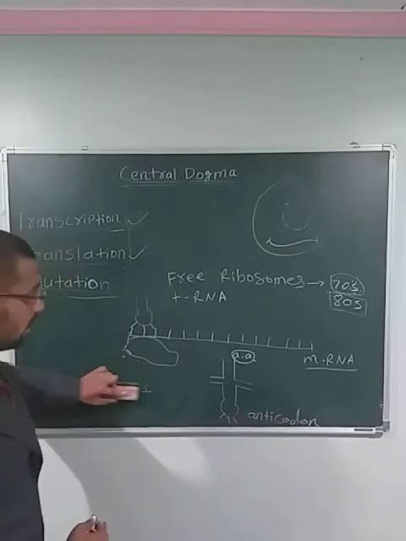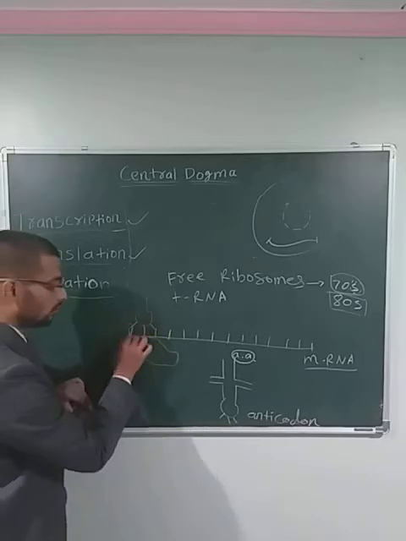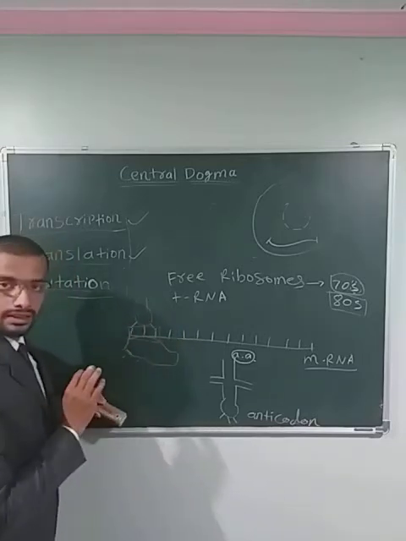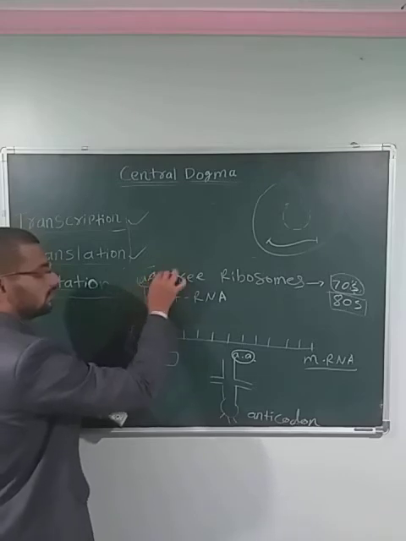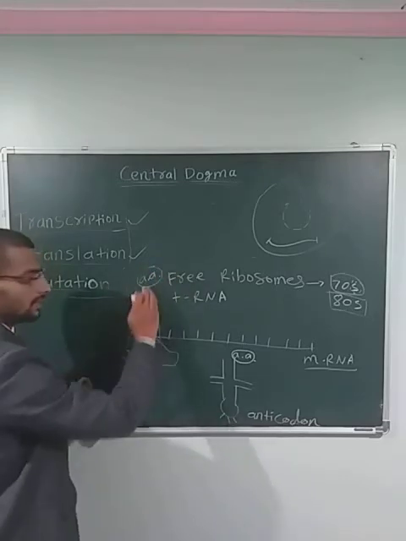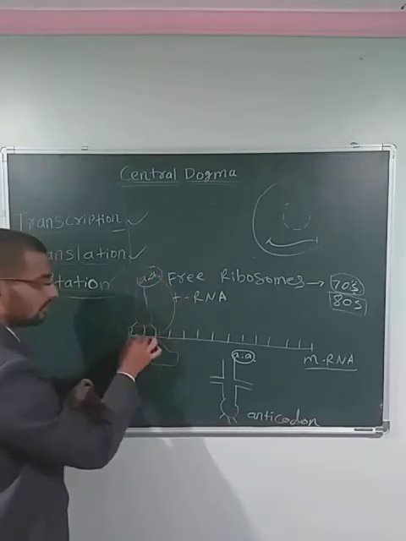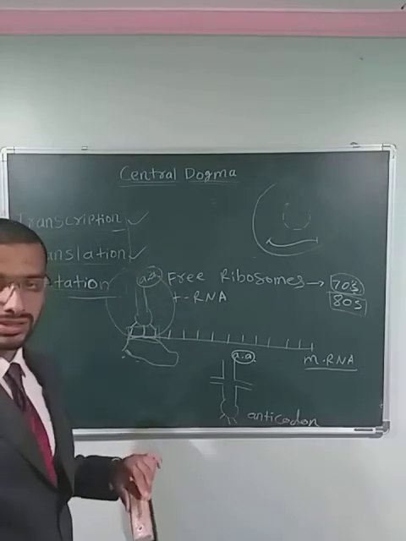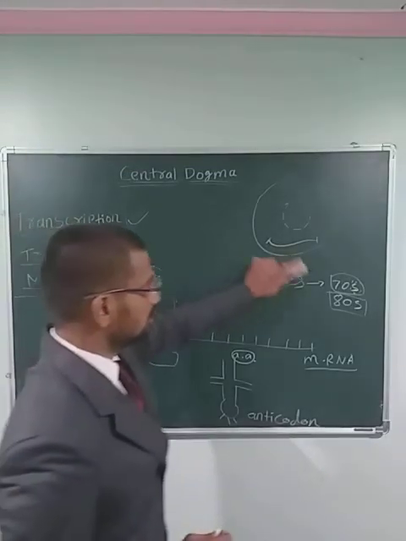So a particular tRNA with its particular anticodon will attach to a codon of an mRNA with its amino acid. After this assembly, the large subunit of the ribosome will attach to the process, and the translation process will start from here.